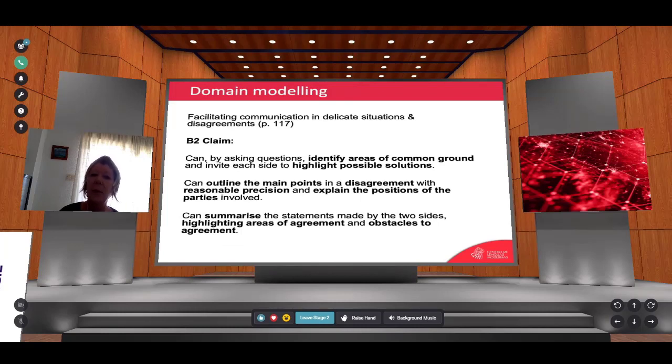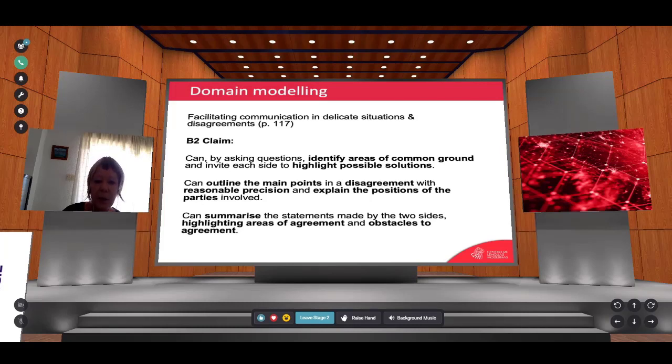Domain modelling, where the B2 claim for this particular domain, the CEFR companion volume, gives these can-dos. And these are the claims that we're making about a B2 test taker. And obviously, if we're going to make these claims, we need evidence to support them.